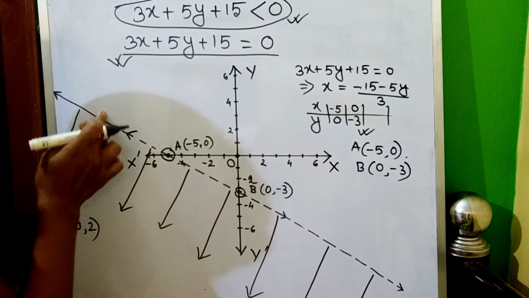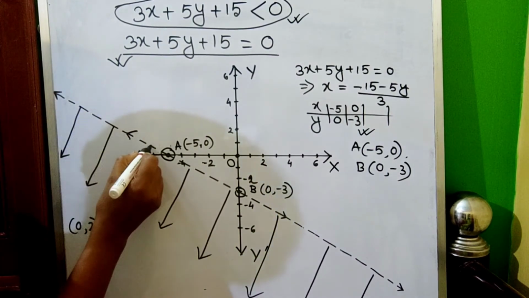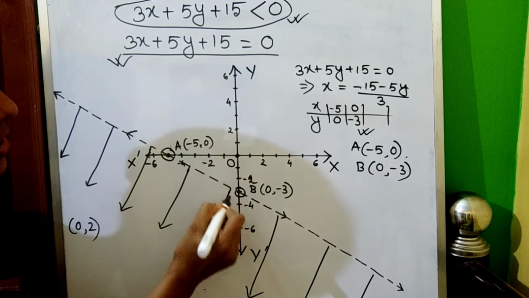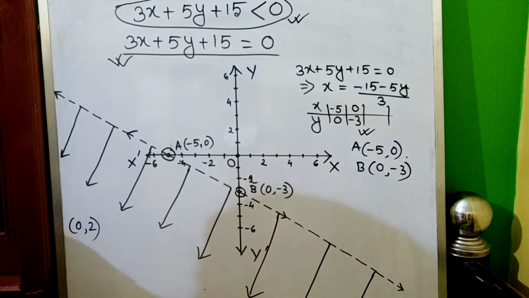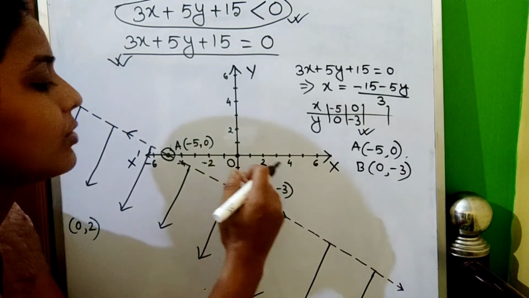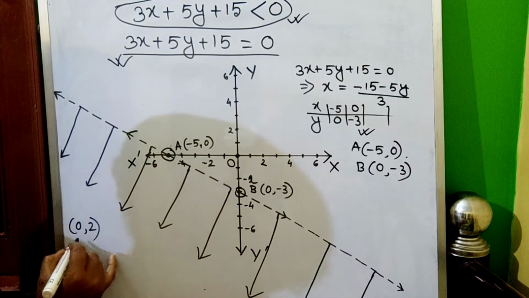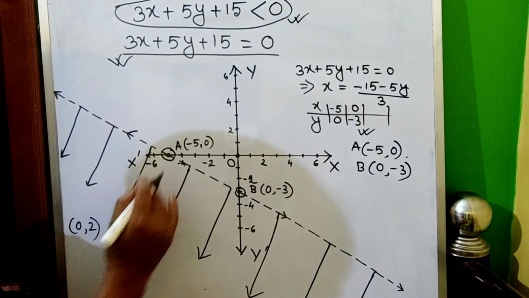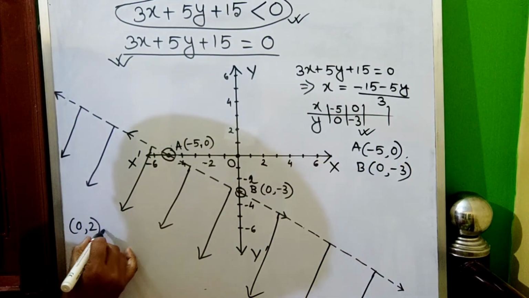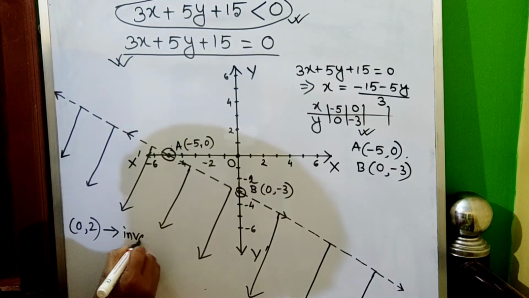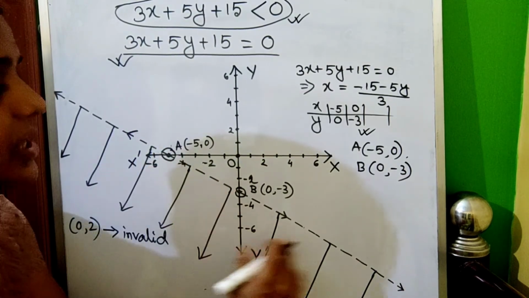If you draw the dotted line, it is automatically taken as a strict inequality. Then you can touch the line with the arrows, but you will never cross this line to that side, because the 0, 2 side is invalid. It's false. That's why we choose this side.